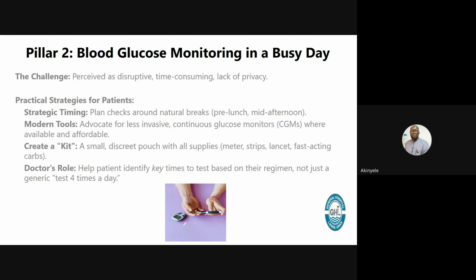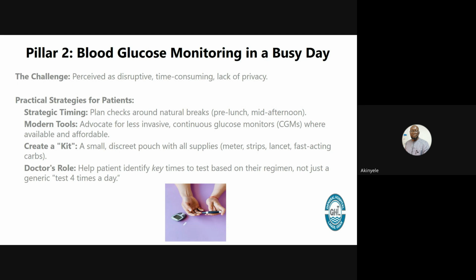But where it is affordable, they only put on the continuous blood glucose patch and then use their smartphone to scan, and it gives them their real-time blood glucose level. That way, they are not bringing out their meters and pricking themselves before everybody.